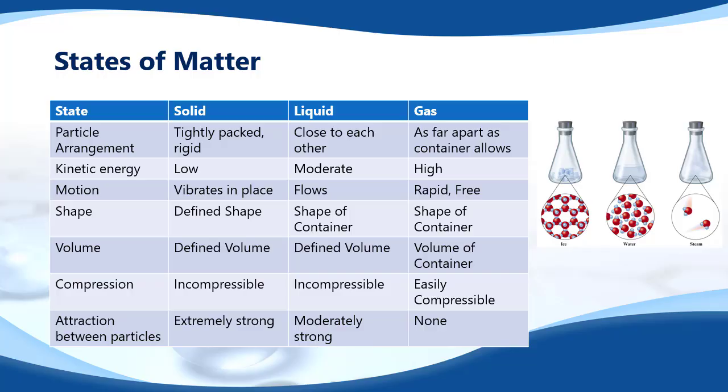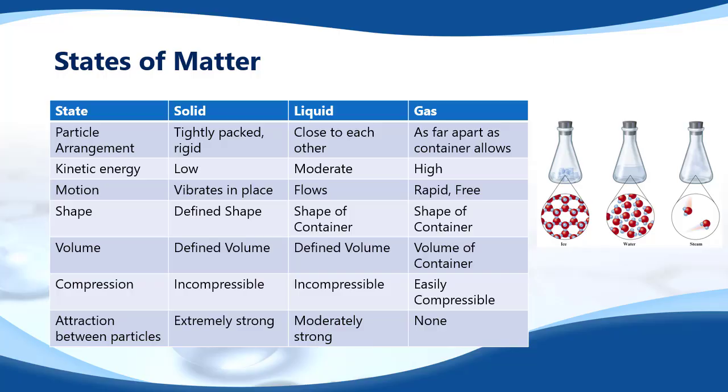So if I take 100 milliliters of water in a beaker and I pour it into like a Dasani water bottle, its shape changes, but it's still the same 100 milliliters no matter what. Liquids generally can't be compressed very much, maybe a little bit, and the intermolecular forces between them are still kind of strong. Again, the particles are somewhat close together, so there's still a decently strong attraction between them.